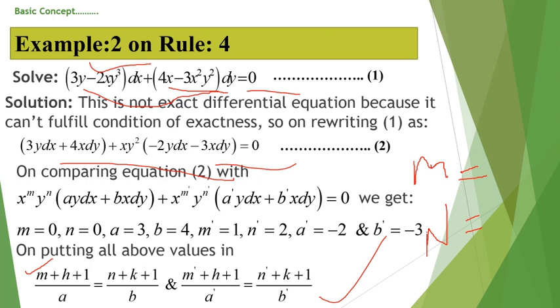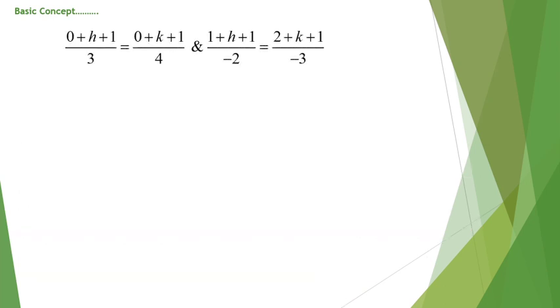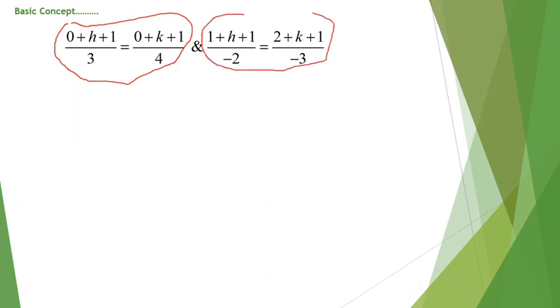Why do we have to put all the values in this particular formula? We have to find the values of small h and small k. So on replacing the values of small m, a, b in this equation, we get this particular equation, and for the values of m dash, n dash, a dash and b dash, we get this kind of equation.